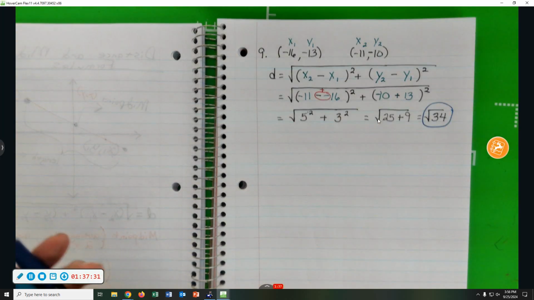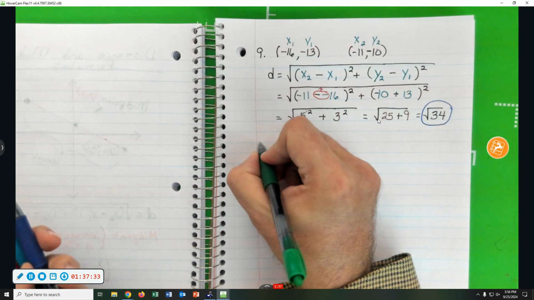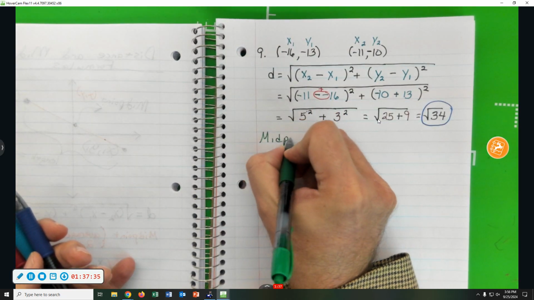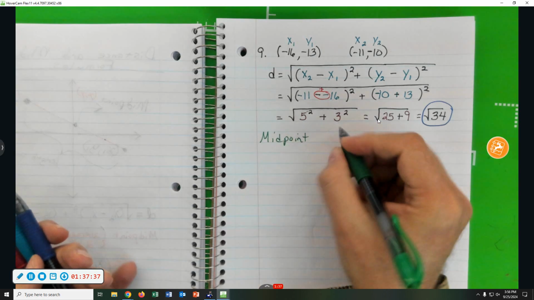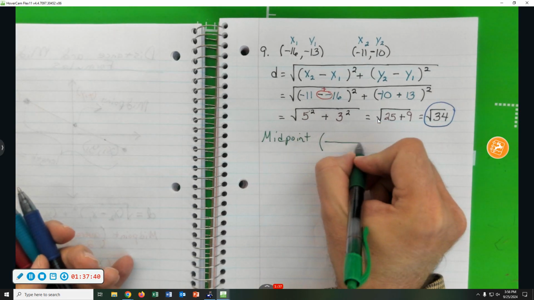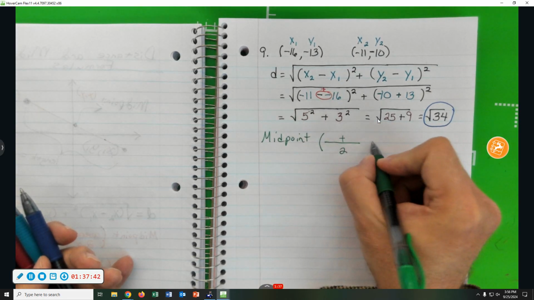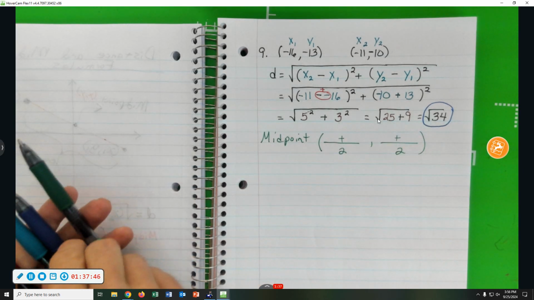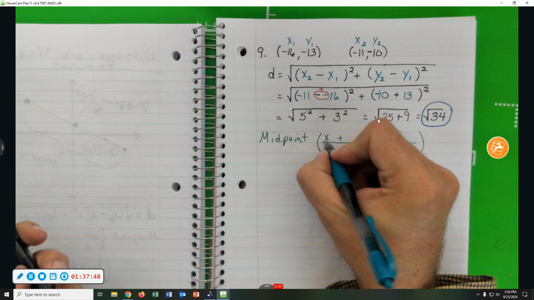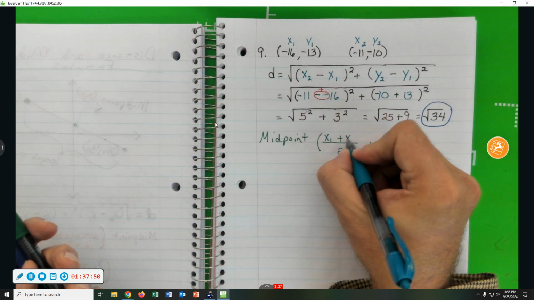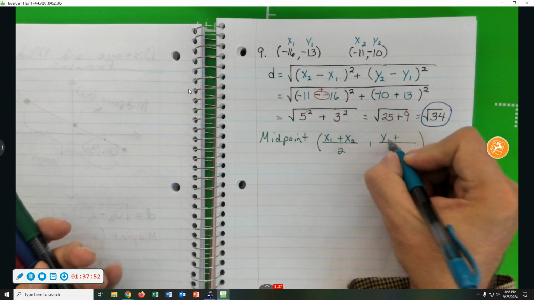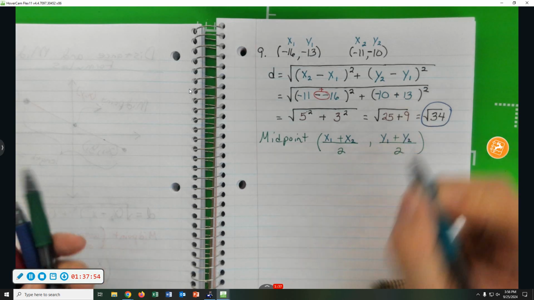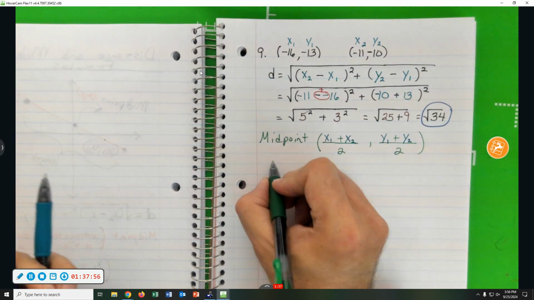So midpoint. To do the midpoint, you're adding up the two x's and dividing them by 2. So add the two x's, divide by 2. Add the two y's, divide by 2.